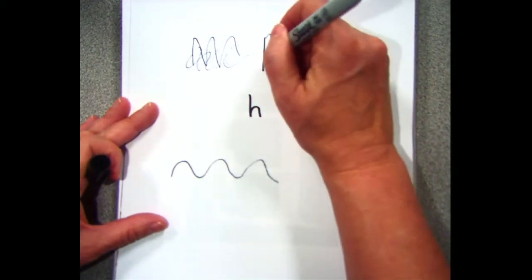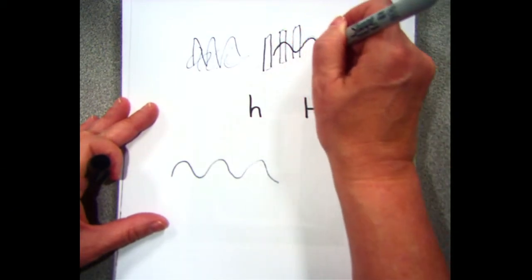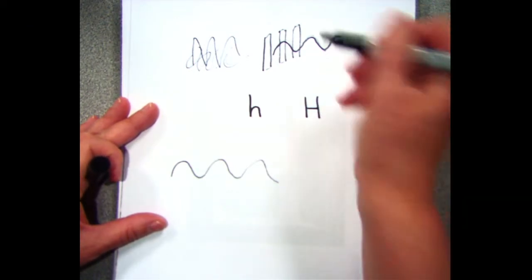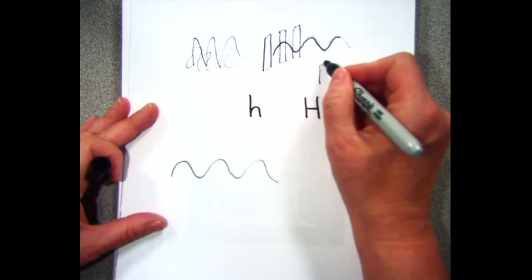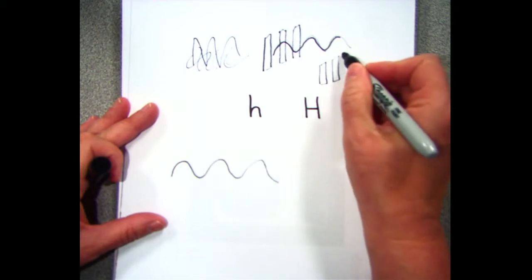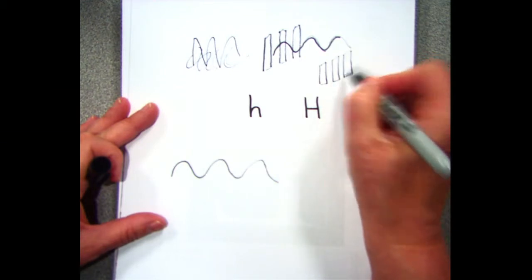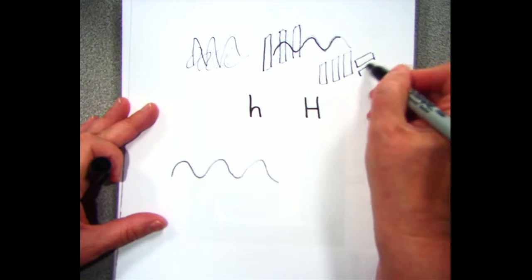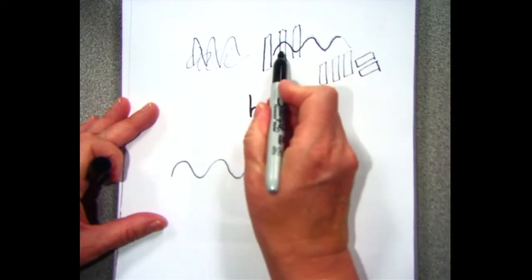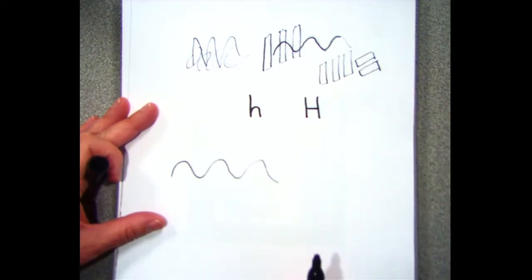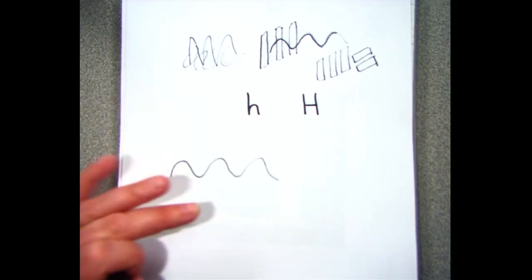So I get some filtering. But if I take one picket fence, and then the next picket fence this way, if I've only filtered these, then this picket fence blocks them. And that's exactly what a polarizer is doing.